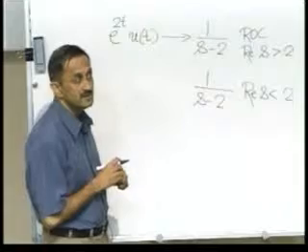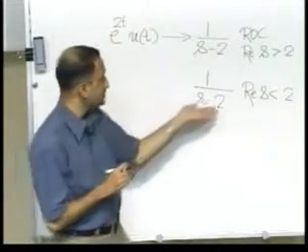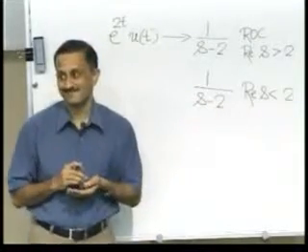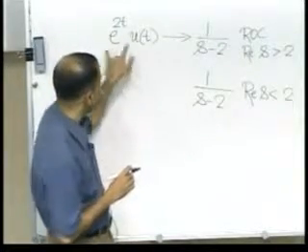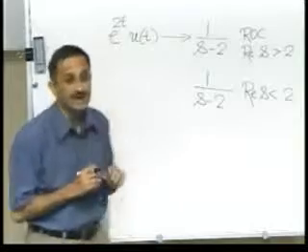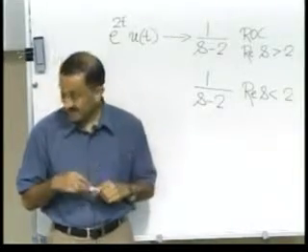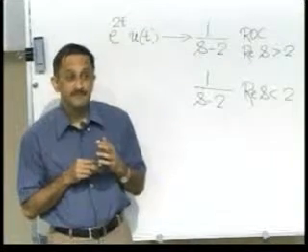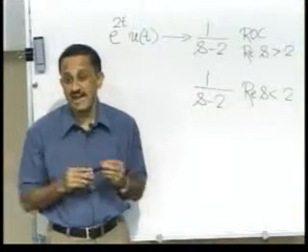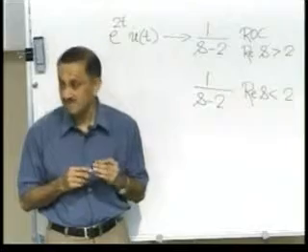Where could we have got an expression like this? It is clear that we need an e raised to the power of 2t somewhere. But instead of e raised to the power of 2t being present on the positive side of the t axis, we need to have it on the negative side of the t axis.